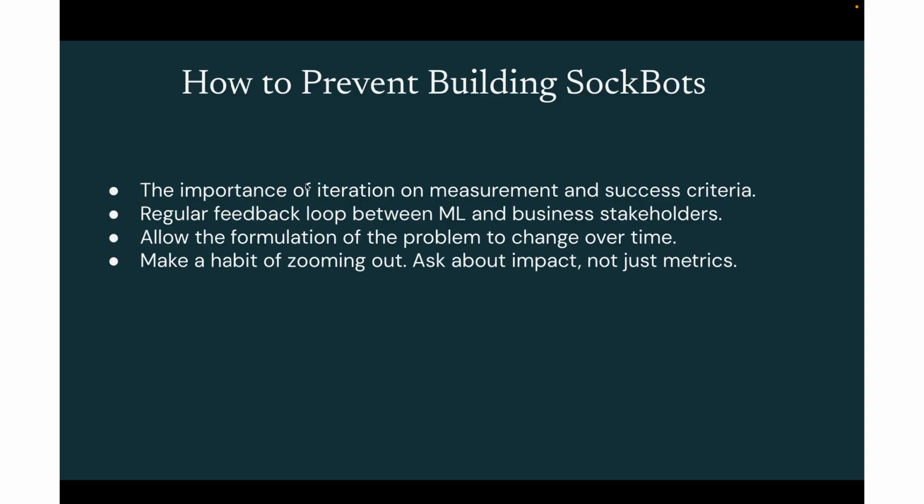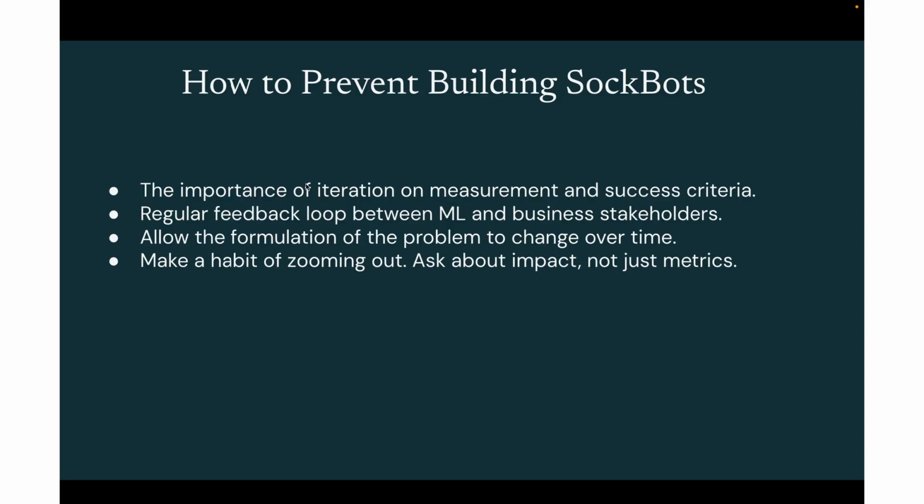Business stakeholders will tend to ask the questions about the impact of the models that the machine learning practitioners might not see. And so I very strongly suspect, there's no way to know for sure, of course, but I very strongly suspect that if there had been regular feedback between the machine learning group and the business stakeholders who kicked off this whole project for this clothing company, then they would have caught this problem months and months earlier.